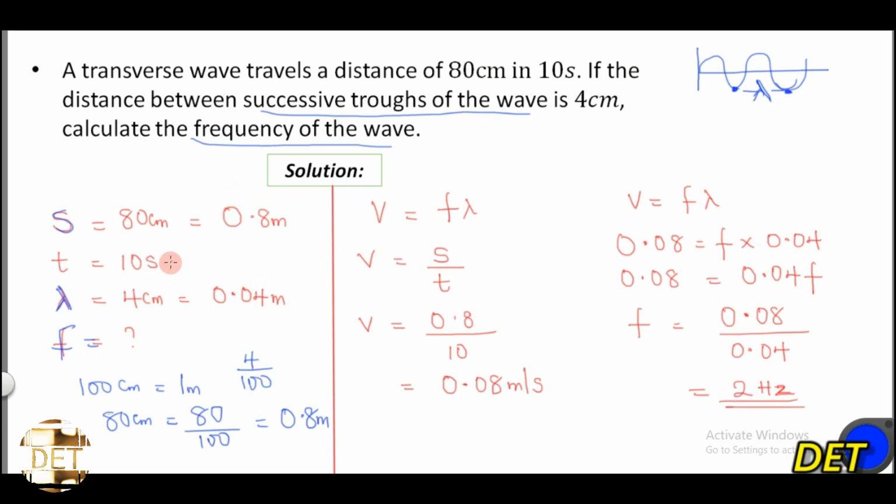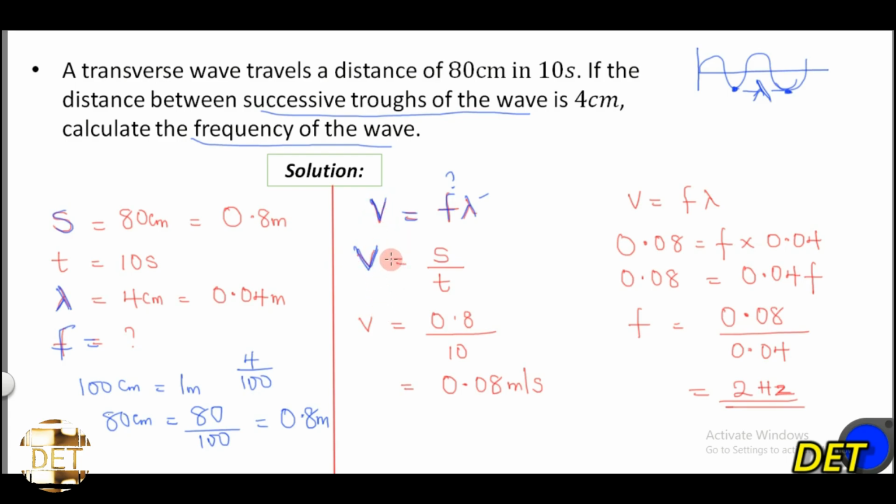We know that velocity v is equal to f lambda. We are given lambda to be 0.04 meters, but we don't have the velocity, so we would have to look for velocity first.